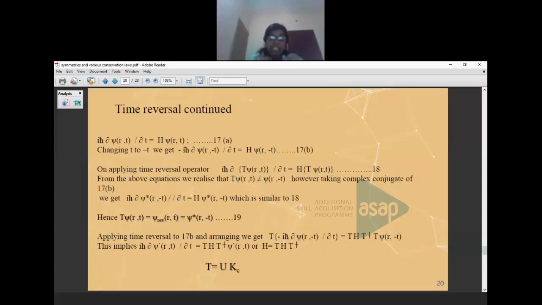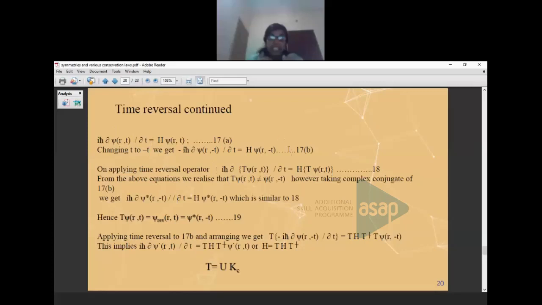Whether t to minus t is a correct definition, we check by substituting in the standard equation where all the symmetries should work, our Schrodinger equation. Put t to minus t and use the time operator, and we realize that they are not matching. If they are not matching, we need to make some correction.